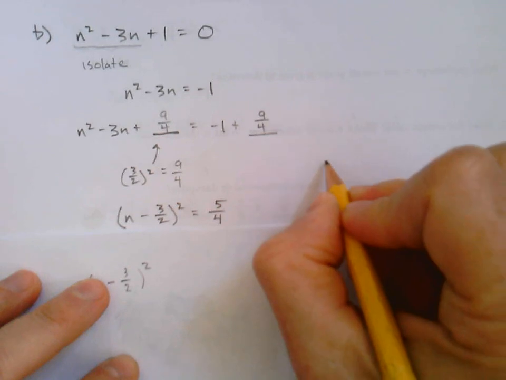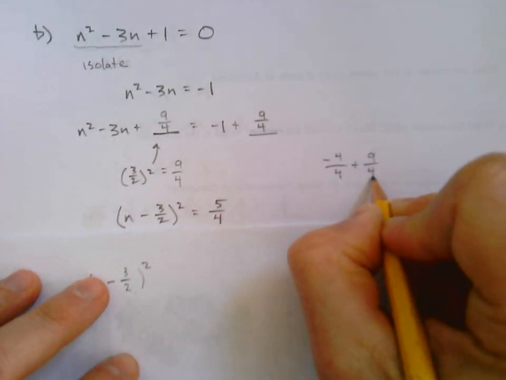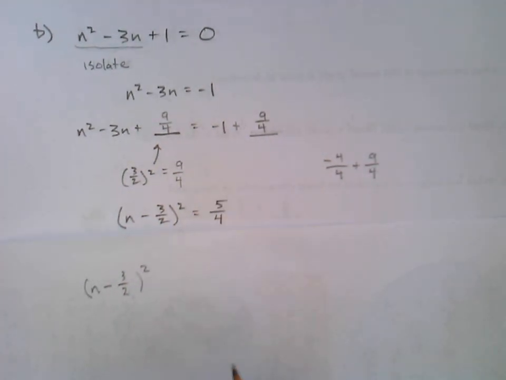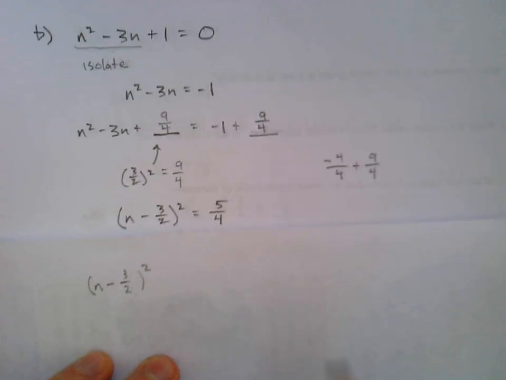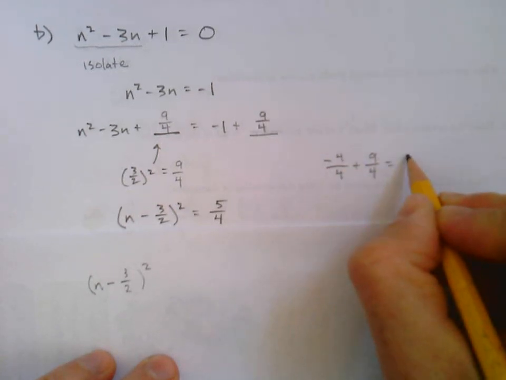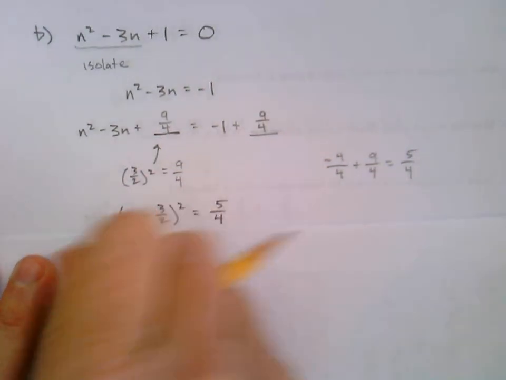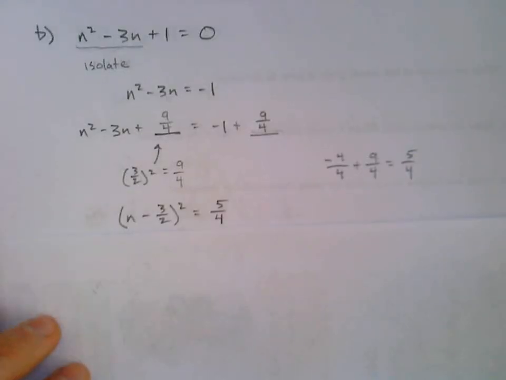And if you wanted to see that out, of course, you could do it in a calculator and convert your answer to a fraction. Or you could think of negative 1 as negative 4 over 4 plus 9 over 4. Well, that would give you positive 5 over 4, right? Okay.